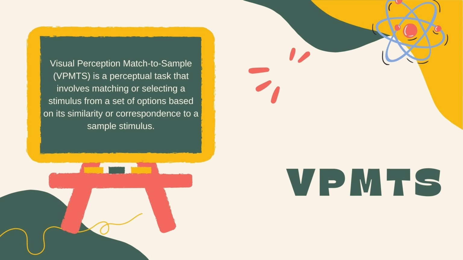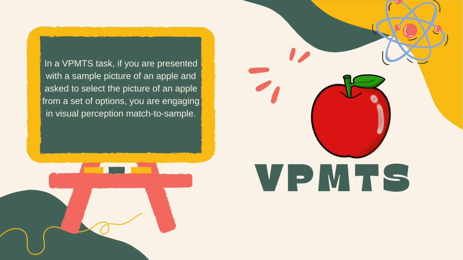Visual perception match to sample, VPMTS, is a perceptual task that involves matching or selecting a stimulus from a set of options based on its similarity or correspondence to a sample stimulus. In a VPMTS task, if you are presented with a sample picture of an apple and asked to select the picture of an apple from a set of options, you are engaging in visual perception match to sample.